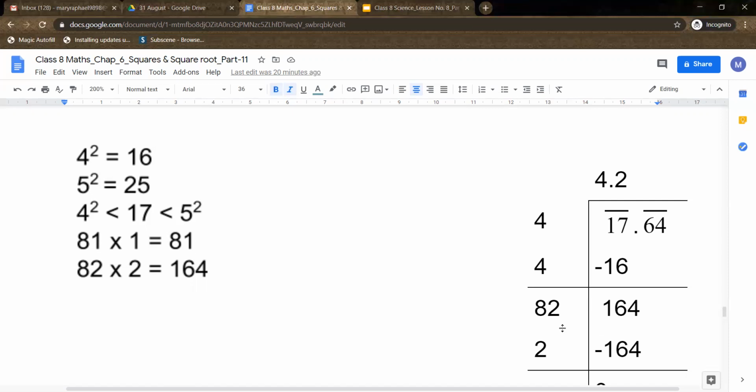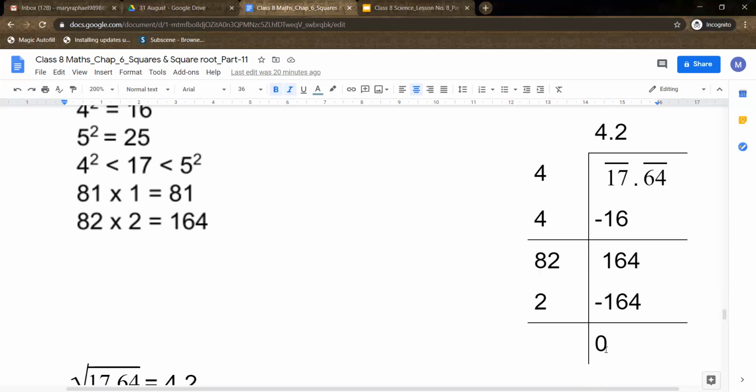So which is the new digit we are getting? 2. That we have to write in 3 places: after 8, just below that, and in the quotient part after the decimal. So 82 twos are 164, written below the dividend 164 and subtracted, you got 0.